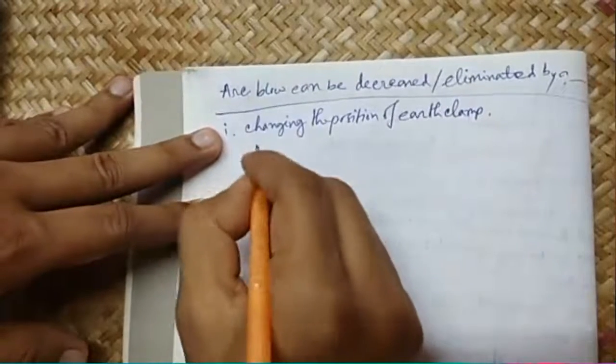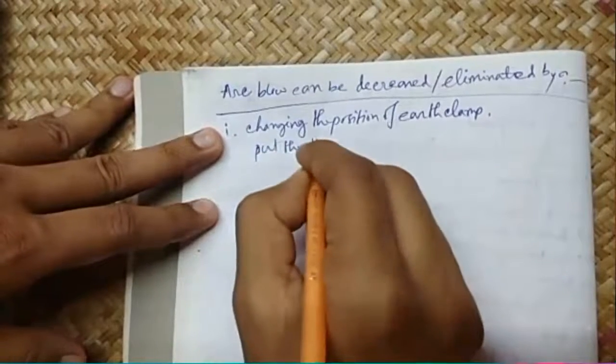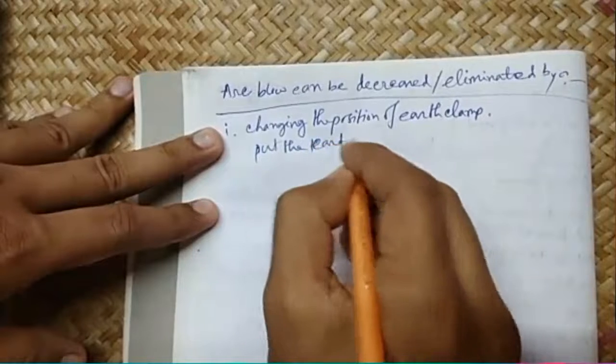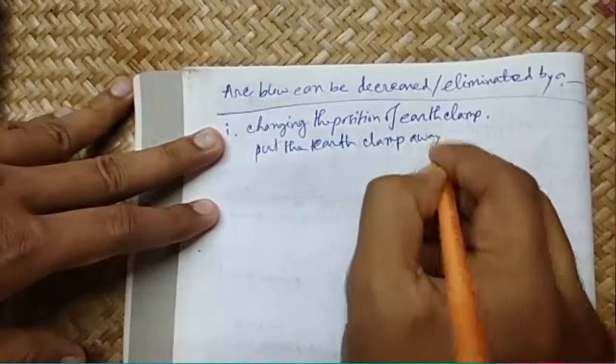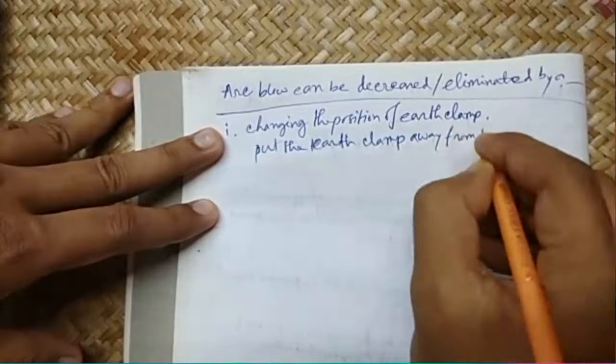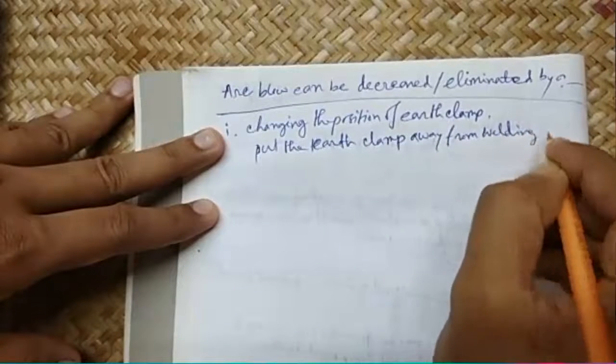You have to put the earth clamp away from the welding area.